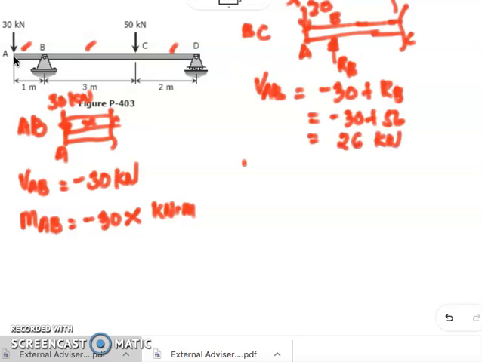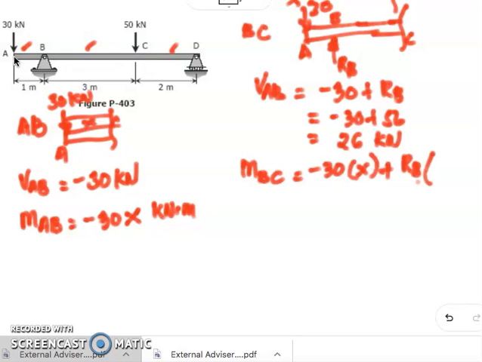For our moment force BC, that will be equivalent now to, we have here in a counterclockwise direction, negative 30 multiplied by our moment arm distance, which is x. Then we have a clockwise direction, plus R sub B times the moment arm distance, which is x minus 1.